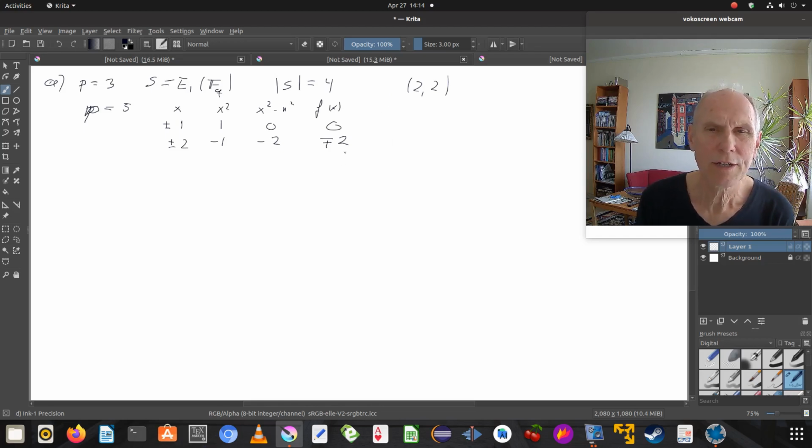And then we need to check. That's not quite right. 2 times 2 gives 4. That's minus 1. So it's actually plus minus 1. And they are both square.